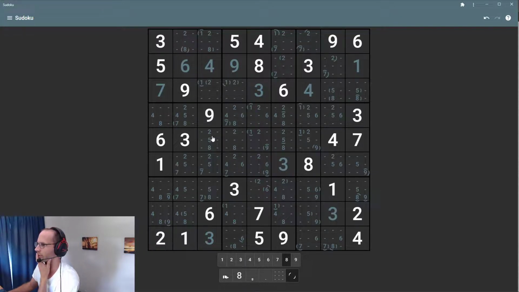That means that what we're left with here, which I think makes this the 5. Because we place the 2 there, we place the 8 there, that makes this a 5. So this can't be a 5, it can't be an 8, so this is a 7. We're encroaching ever so slightly.